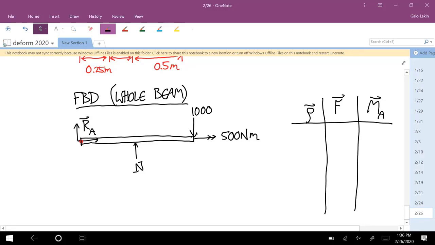So first, that force RA. RA acts at the about point, so the row vector is 0. The force vector is RAX, RAY, 0. And the cross product is the 0 vector.